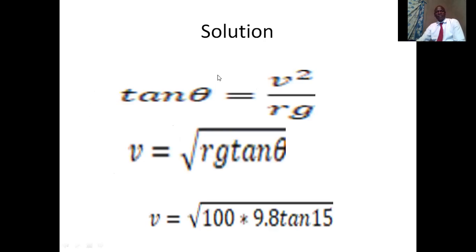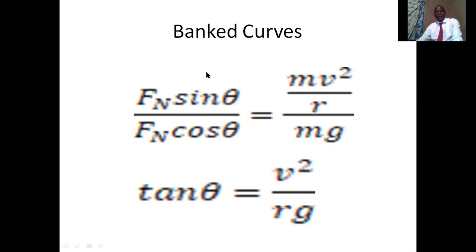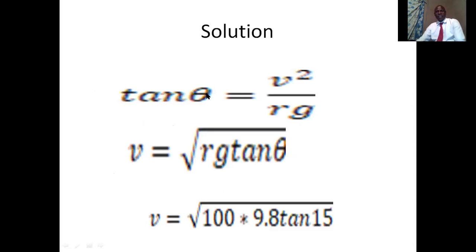So this is the equation that we derived here. Okay, and so we are saying tan theta is equal to velocity squared over r, the radius, over acceleration due to gravity. So we can make v the subject of the formula and then substitute the radius.